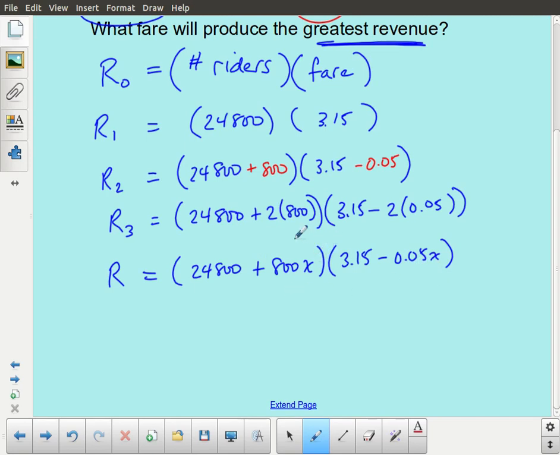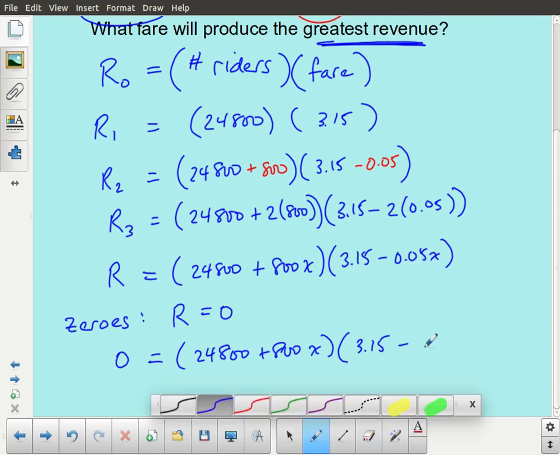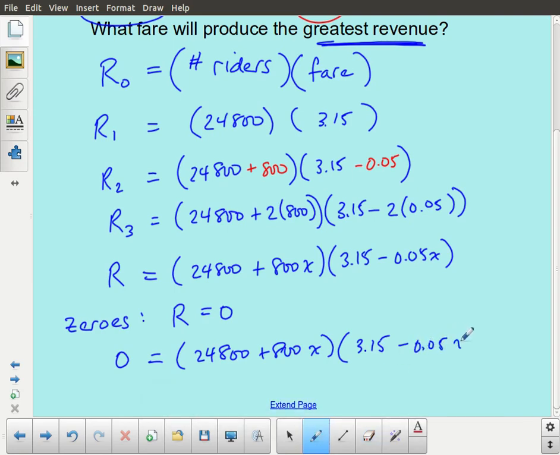So now that I've done this, I want to find my zeros. So the way I do that is I set r equal to 0. 0 equals 24800 plus 800x times 3.15 minus 0.05x.